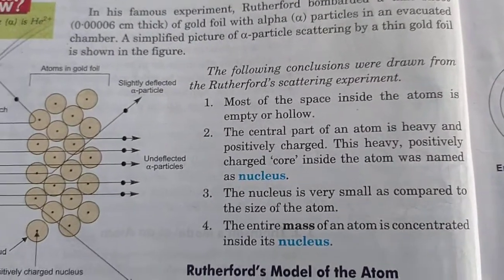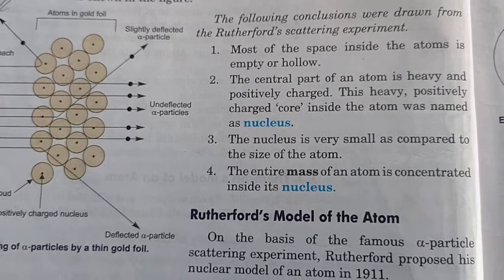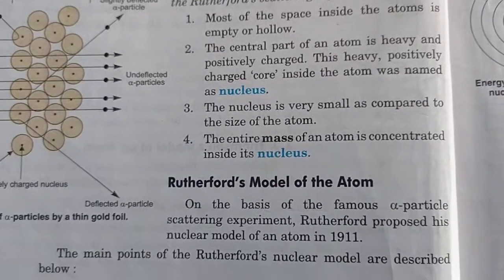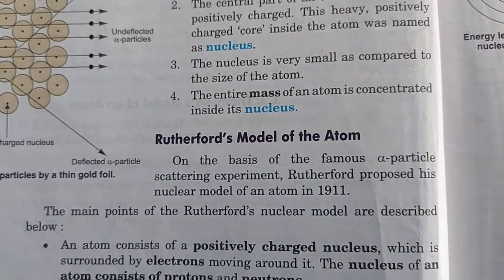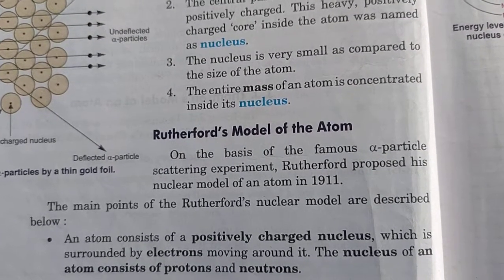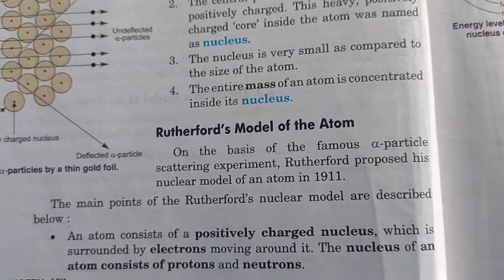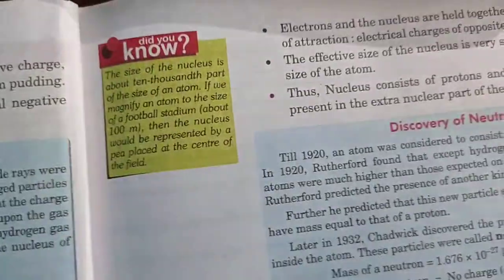So this is all about the Rutherford model of the atom. On the basis of this experiment, he proposed his nuclear model. The main point is, an atom consists of a positively charged nucleus which is surrounded by electrons moving around it. The nucleus of an atom consists of protons and neutrons.